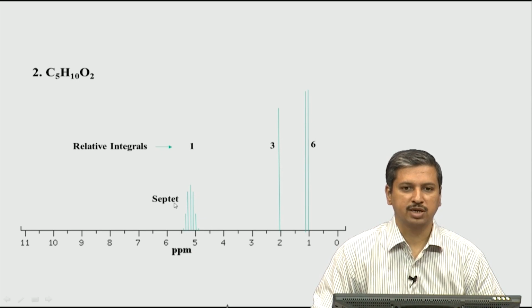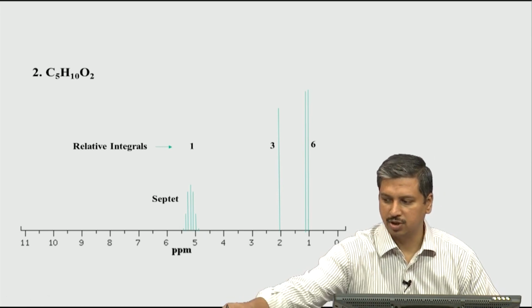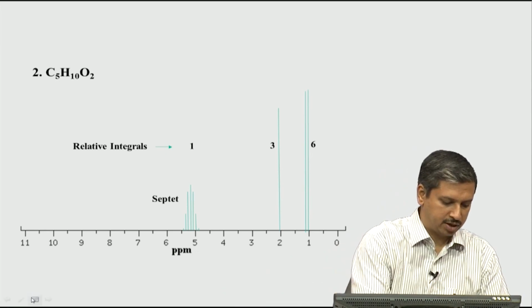If you remember Pascal's or the n plus 1 rule, what it means is that the single proton showing a septet is coupled to 6 hydrogens. Now, 6 hydrogens are only possible if there are 2 methyl groups, CH3 CH3. So, we have a spin system like this.